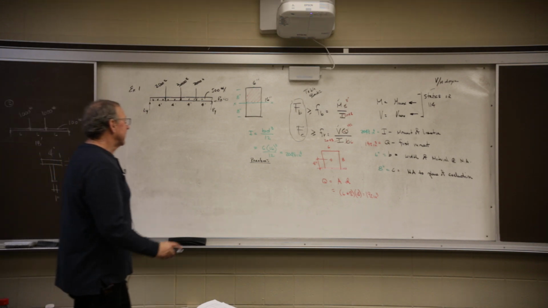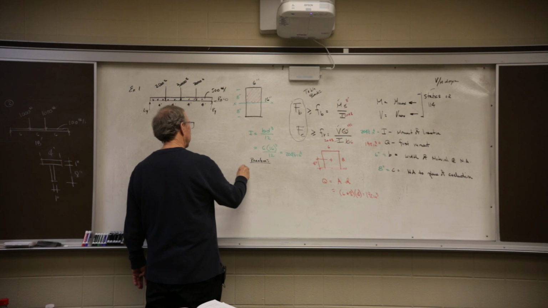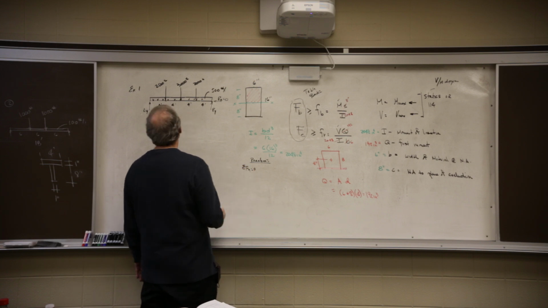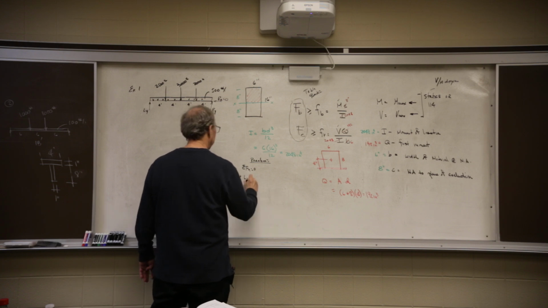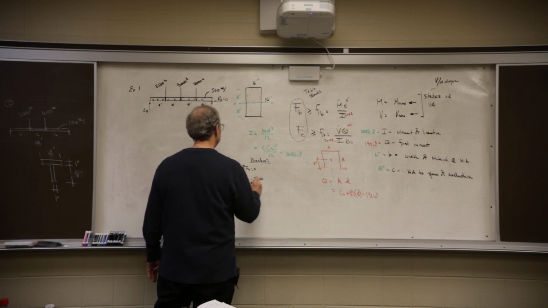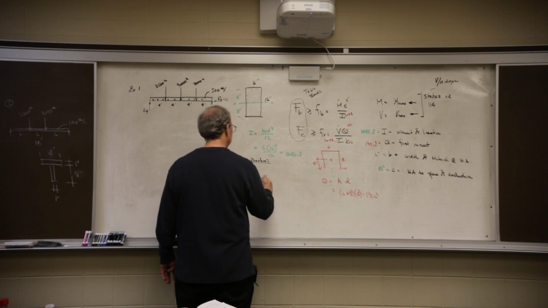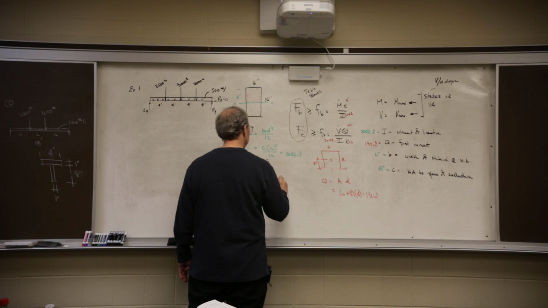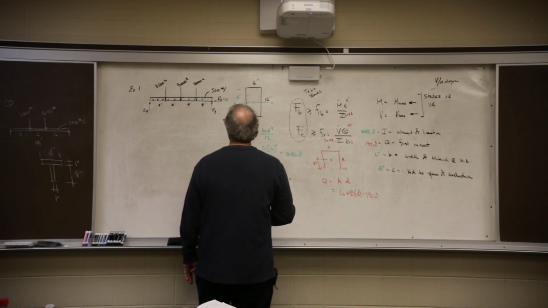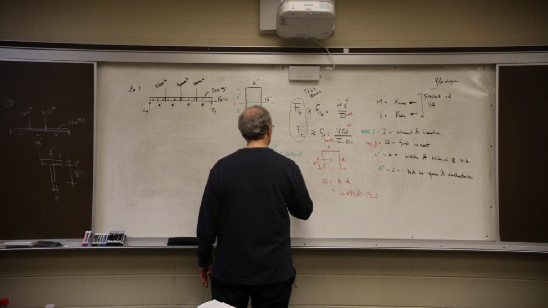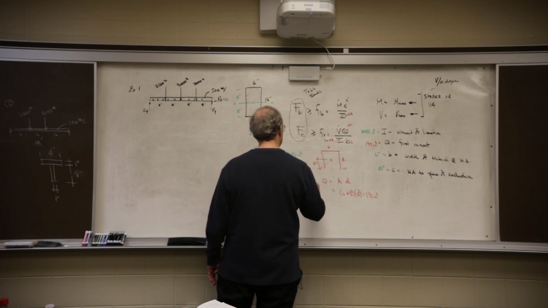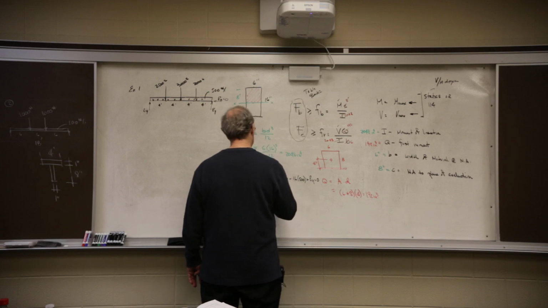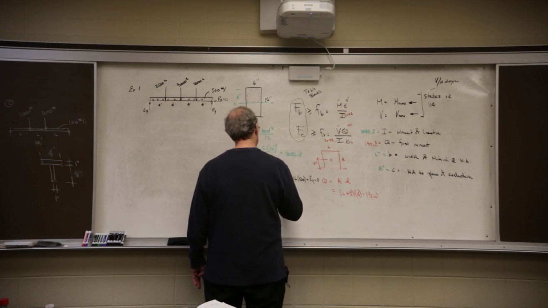So I start right down the line, sum of the forces in Y. LY is up, that's positive. 2,500, 3,000, 2,000, 16 feet times 500 pounds a foot, plus RY equals 0.